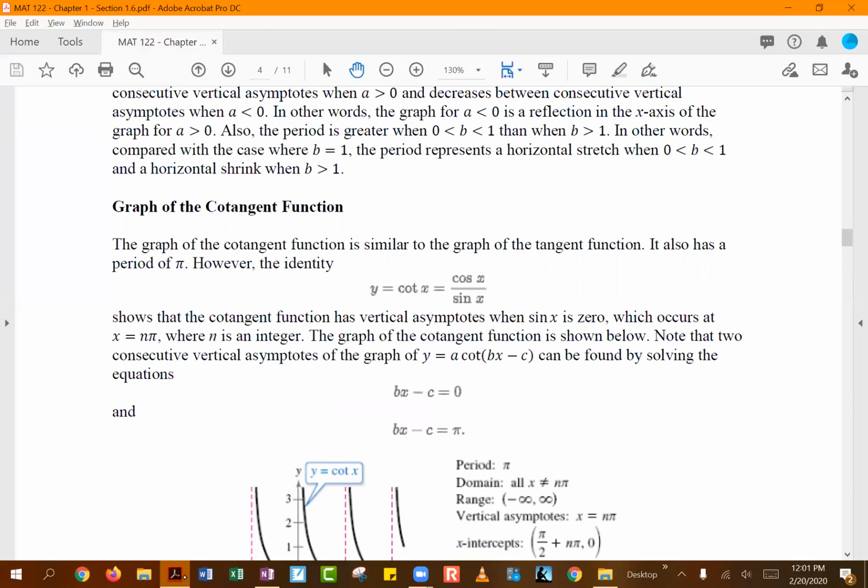So normally, where is our sine function 0 at? 0. At 0 and? Pi. Right? So again, think in terms of a unit circle.